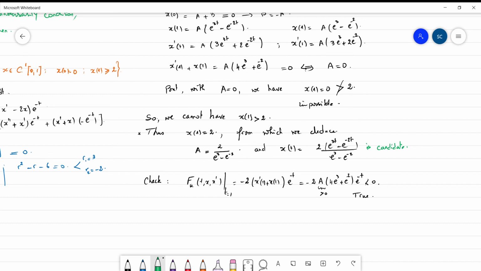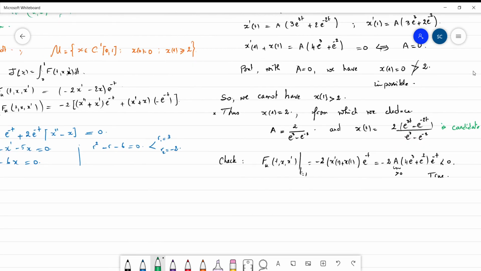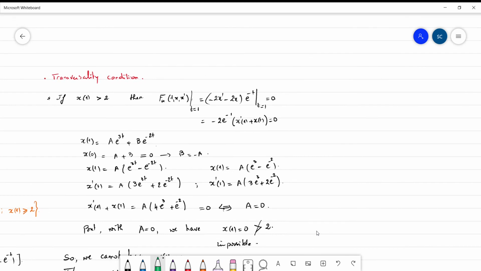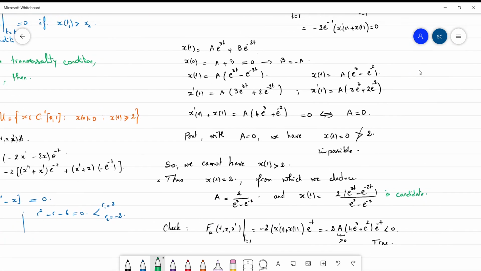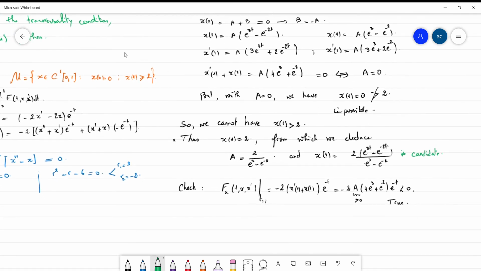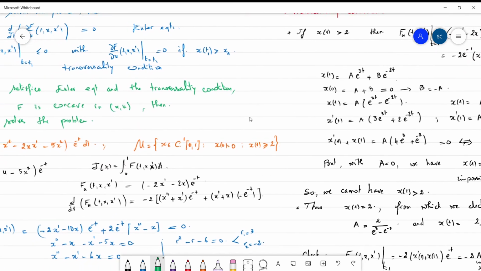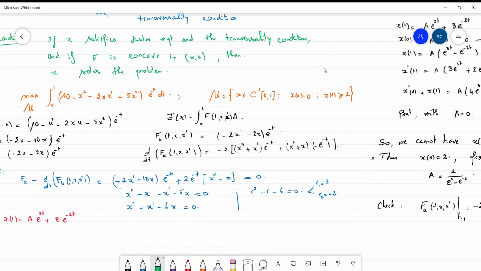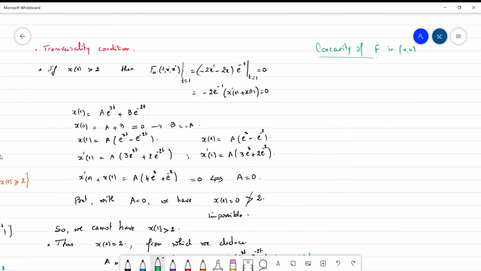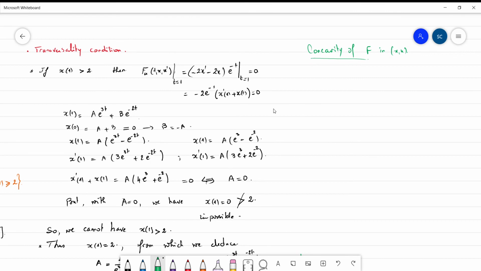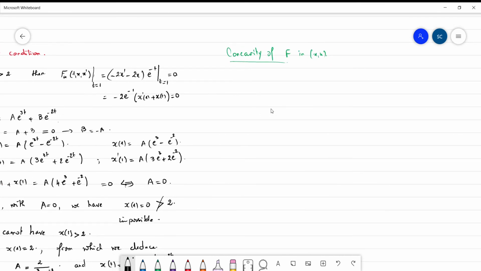To check that it is a solution, we need to check the concavity of f in (x,u). We have our partial derivatives, but they are not simple ones, so let's write them back here.